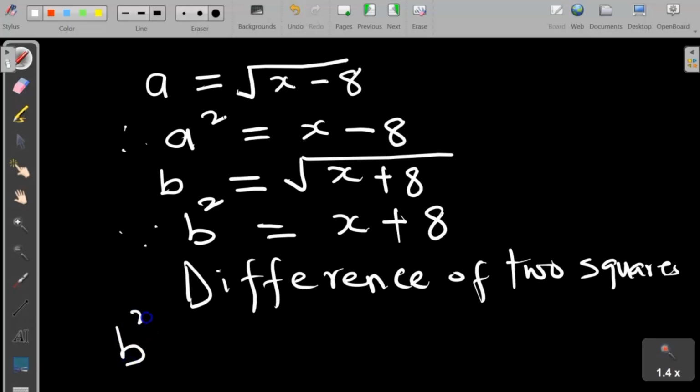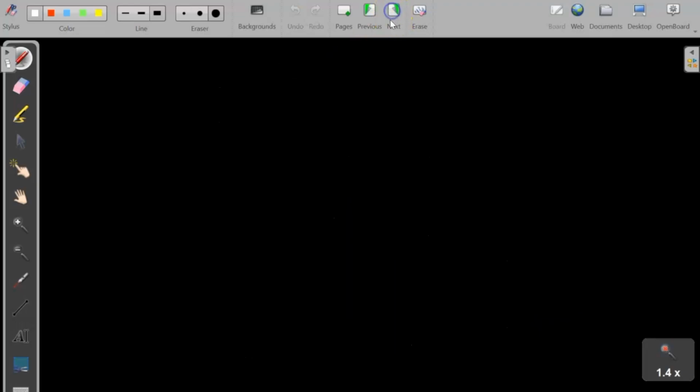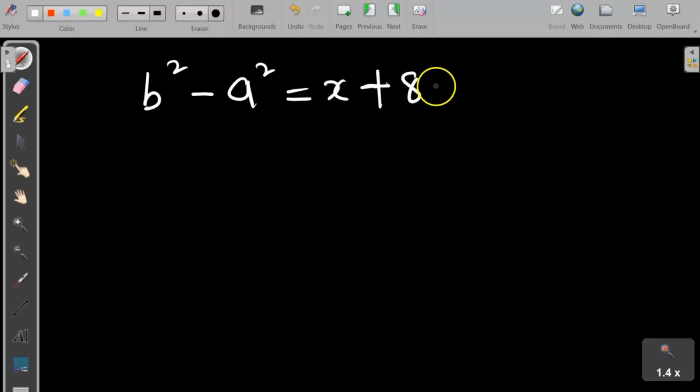So b squared minus a squared. What is b squared? X plus 8 minus a squared. What is a squared? X minus 8. So b squared minus a squared gives us x plus 8 minus x plus 8.